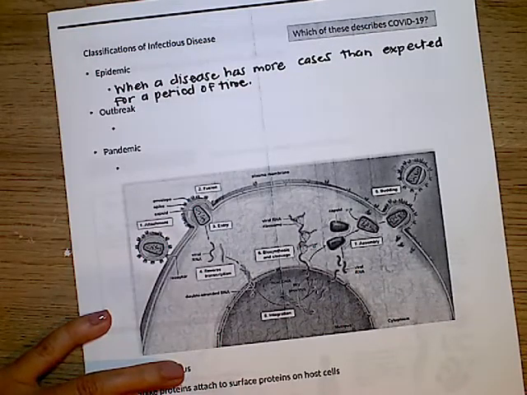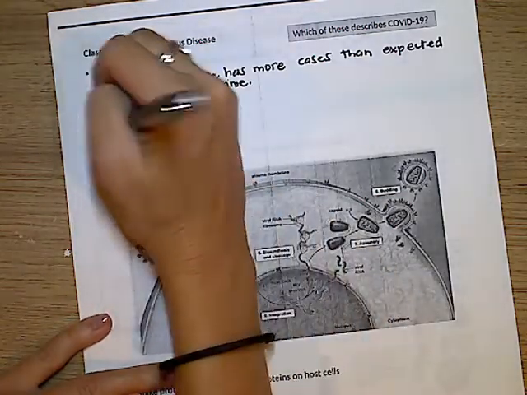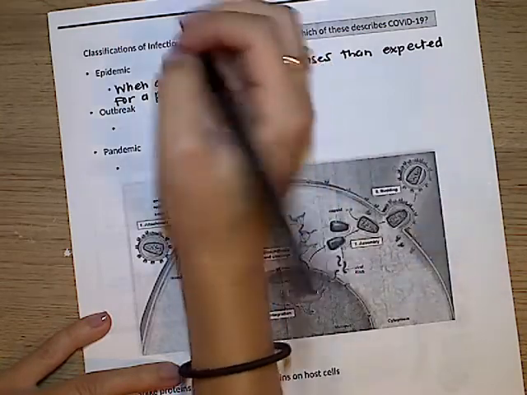So, for example, if a disease normally has 10,000 cases per year, but on a particular year it has 20,000 cases, that's twice as much, we would consider that an epidemic. An outbreak is an epidemic confined to a local region.